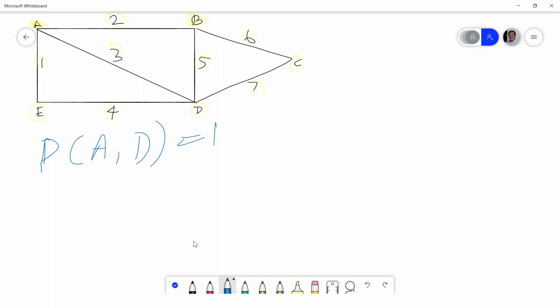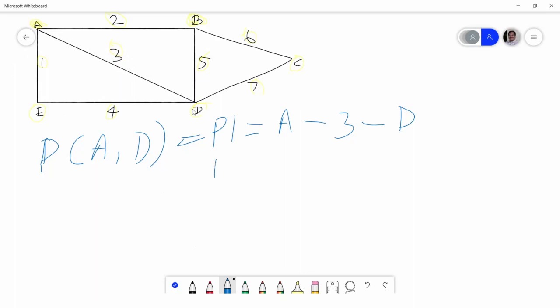The first path, P1: from A via edge 3, you reach D. Look here, this is a path.